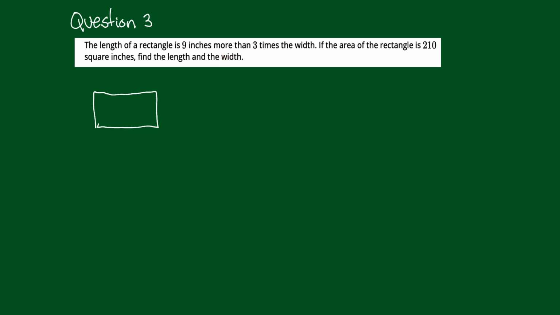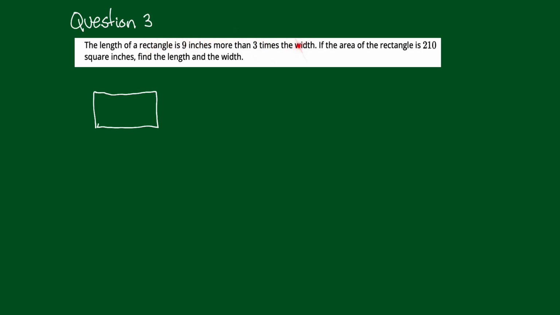All right, so let's see if we can get letter or variable representations for the length and the width. Now, what are we going to let x equal? Well, let's read this again. It says, the length of a rectangle is 9 inches more than 3 times the width. I'm told that the length is given in terms of the width.